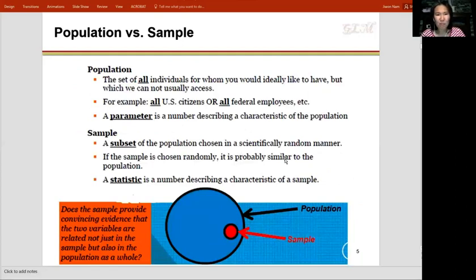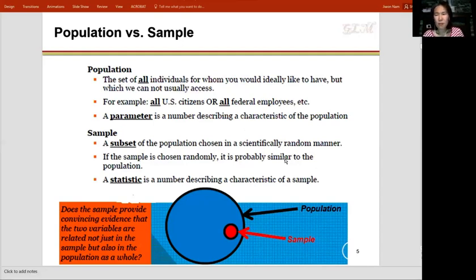Population is the set of all individuals for whom you would ideally like to have data, for example, all US citizens or all federal employees. A parameter is a number describing a characteristic of the population. So a parameter is a true value. We never know the true value because we do not have the population data.